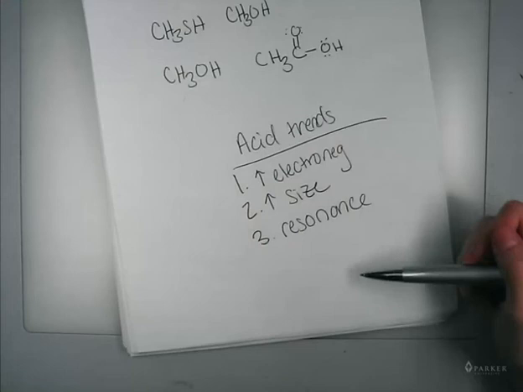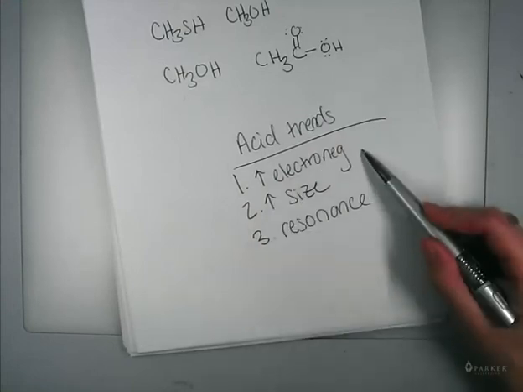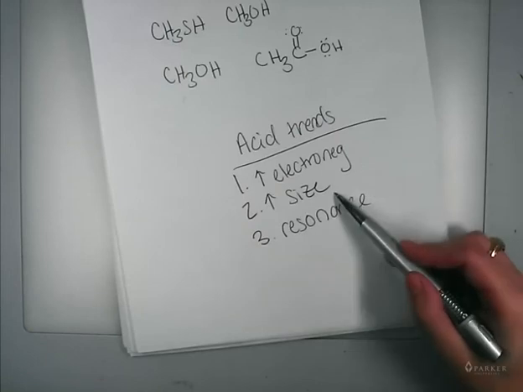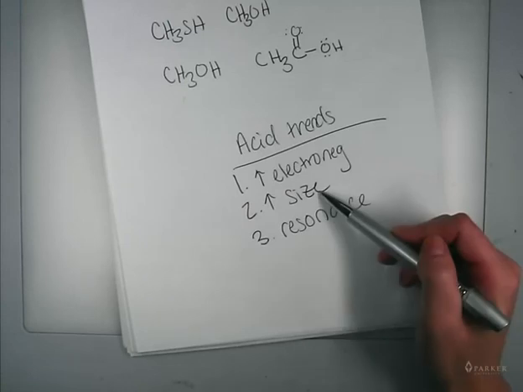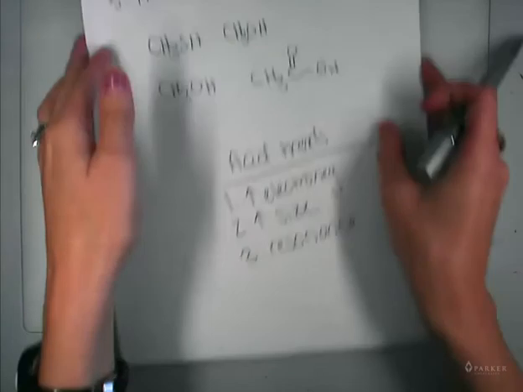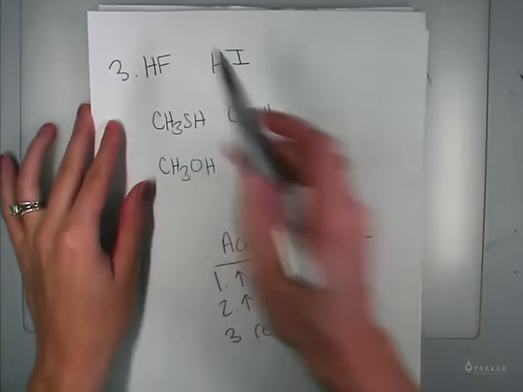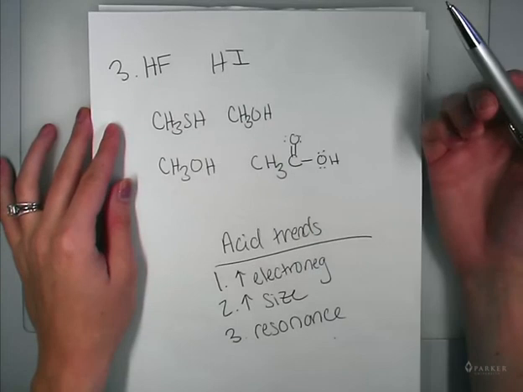So pretty much this is the order of how important they are. Electronegativity would be the most important thing, then size, then resonance. Really, size only comes in if you're looking at a column, and this first one's a good example. I have HF and HI.